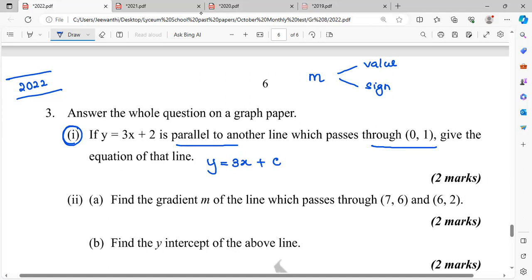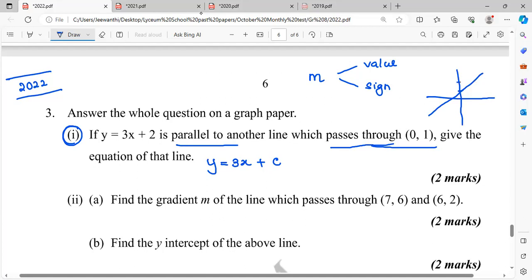And the y-intercept can be changed, right? So then the first line, the y-intercept is 2. The second line, how am I going to get the y-intercept? They have given me a clue. The second line, for which I am finding the equation now, passes through 0, 1. So when you have this 0 and this 1, it goes through like this.